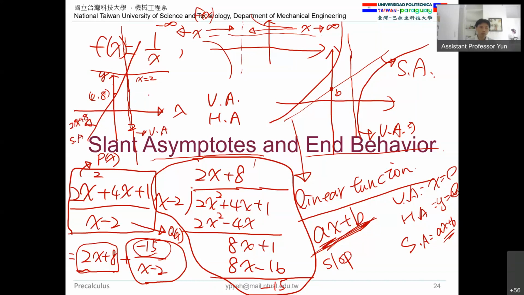And then you can determine what happens to f of x as x approaches infinity and also negative infinity. For example, it may be from here and from here, okay? So the graph will look like these figures, approaching these two asymptotes here.